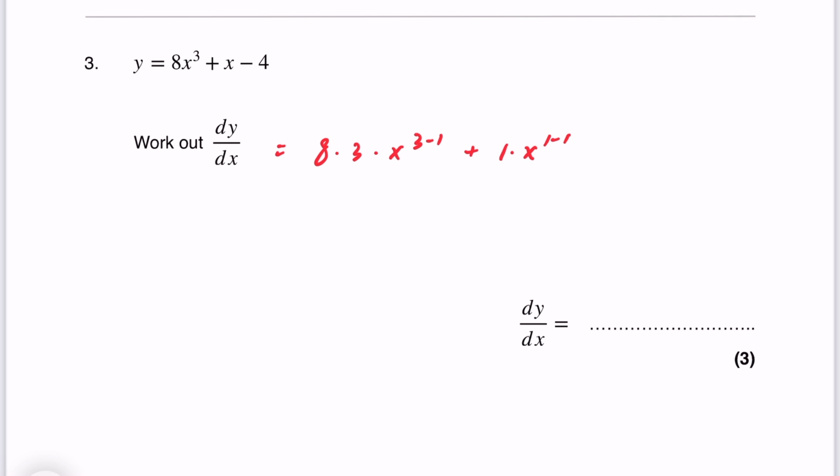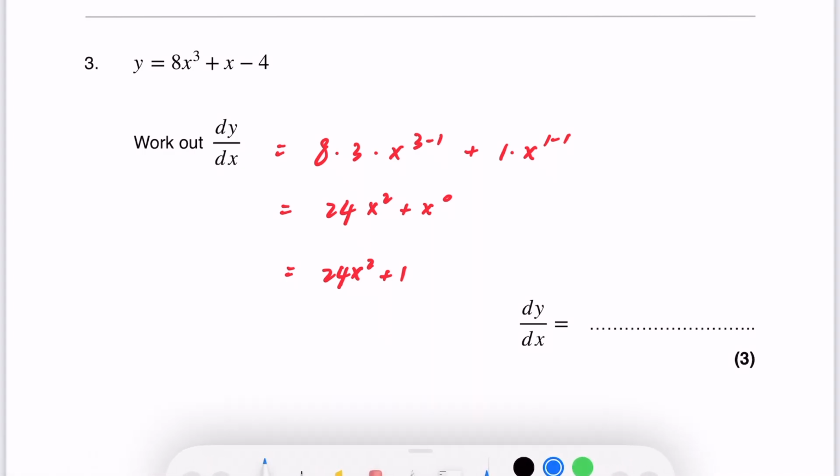And the minus 4, I'm afraid that it's just going to be cancelled out after we differentiate it, which equal to 24x squared plus x to the power of 0, which can be simplified into 24x squared plus 1. And that's that. And by the way, guys, if you're interested in how the minus 4 just got cancelled out after the differentiation, maybe I can change the color of my pen and we can talk it through in detail on the right-hand side of my screen.